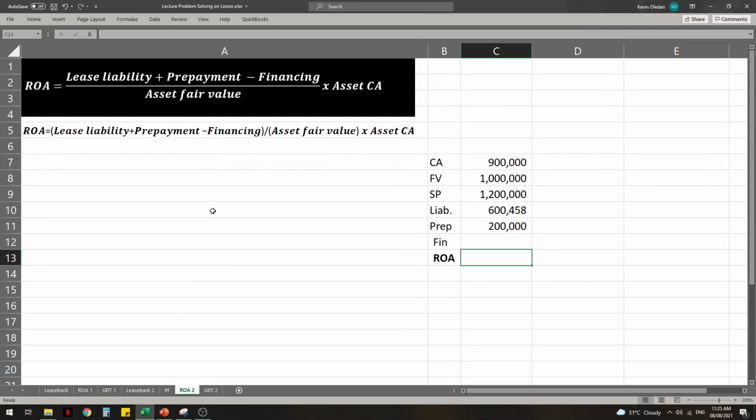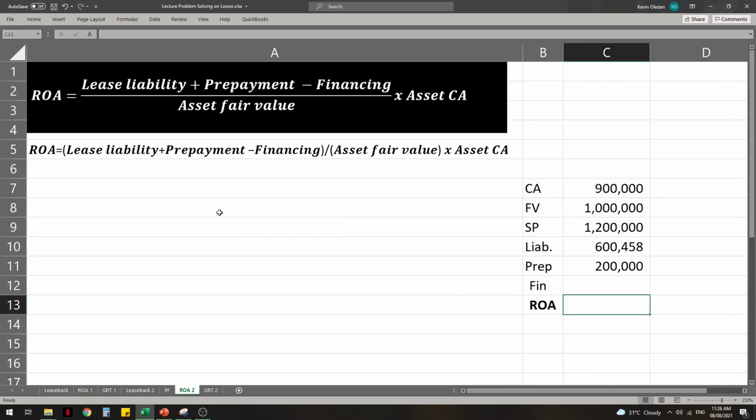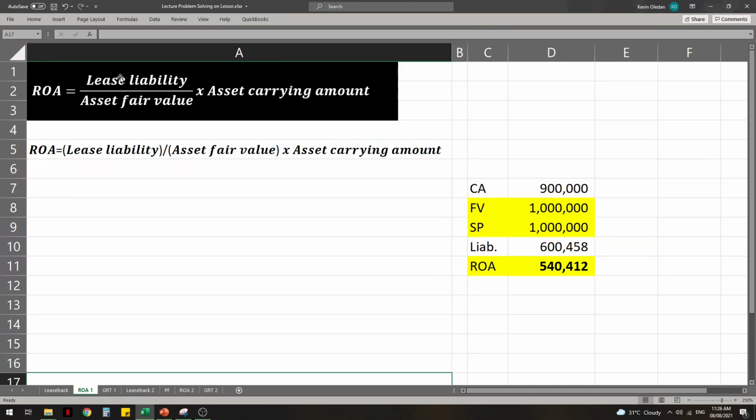Let's start first with our ROA. Actually, everything is the same except for two things na na-add. Kasi pag may prepayment or financing, you will need to consider the numerator. A few modifications on the numerator. Lease liability plus prepayment minus financing. Kanina, kung equal yan sana, ito lang, lease liab lang.